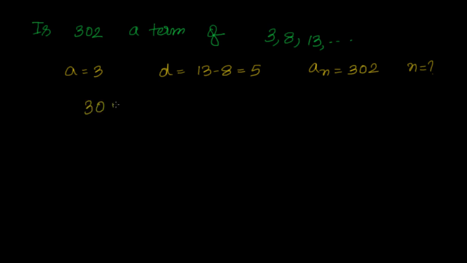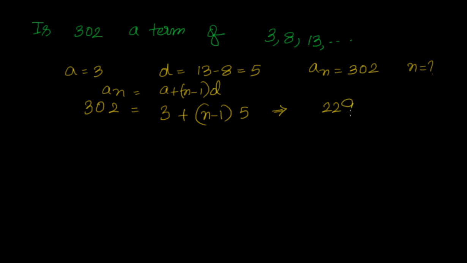So equating 302 to the formula an equals a plus n minus 1 into d, I will have 302 equal to 3 plus n minus 1 into d, where d is 5. That gives me 299 equal to 5 into n minus 1.